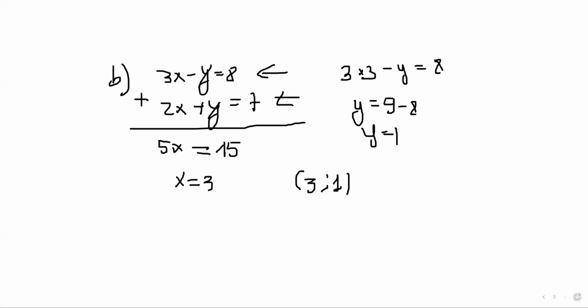Now let's see a little more challenging case with the elimination method. This time we have 3x plus 2y equals 6, and x minus 2y equals 10.